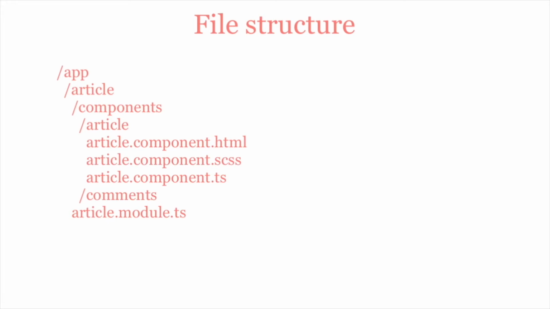Then we want to fetch some data or do some business logic, and for this we need services. Normally, 99% of the code inside our services is just API calls, which means we normally name our services starting with the name of the module, so in this case article.service.ts.